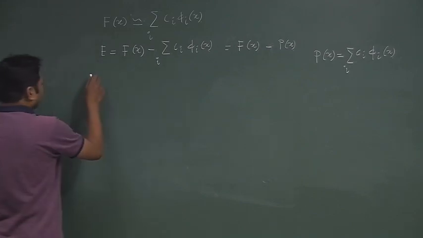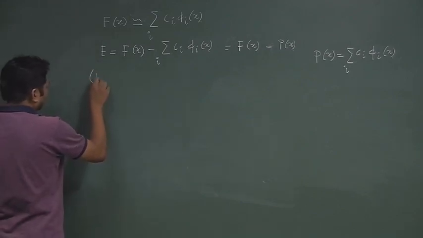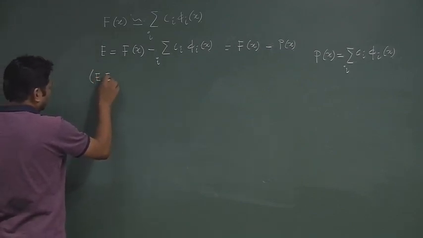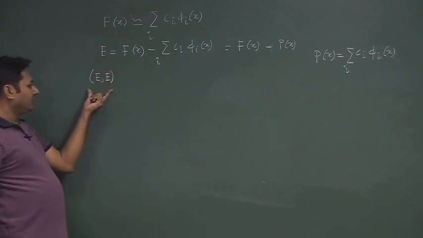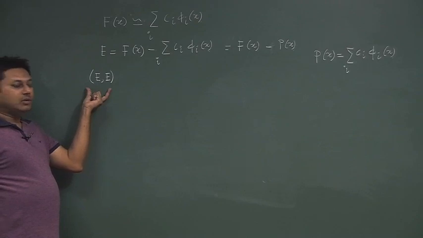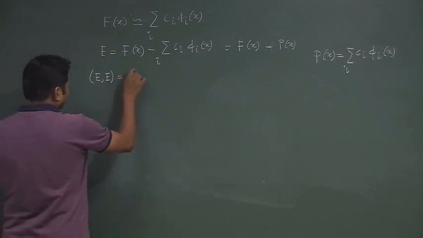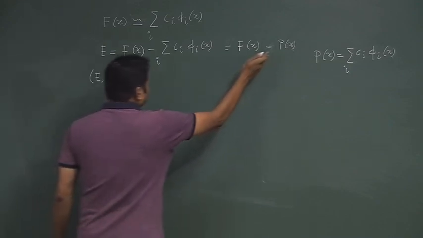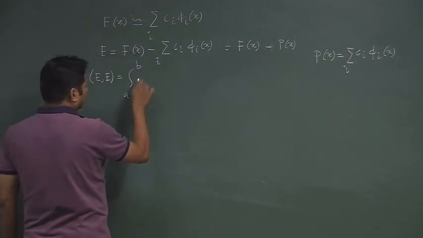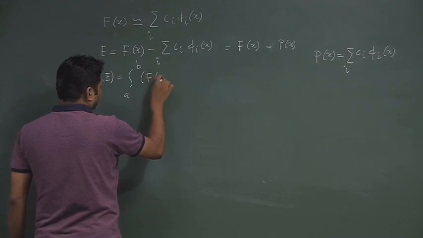Now, if I want to find the inner product of E with E, that means the norm of E, the magnitude of E, I will have to do this operation, which is essentially the integral from a to b of this quantity multiplied by this quantity.